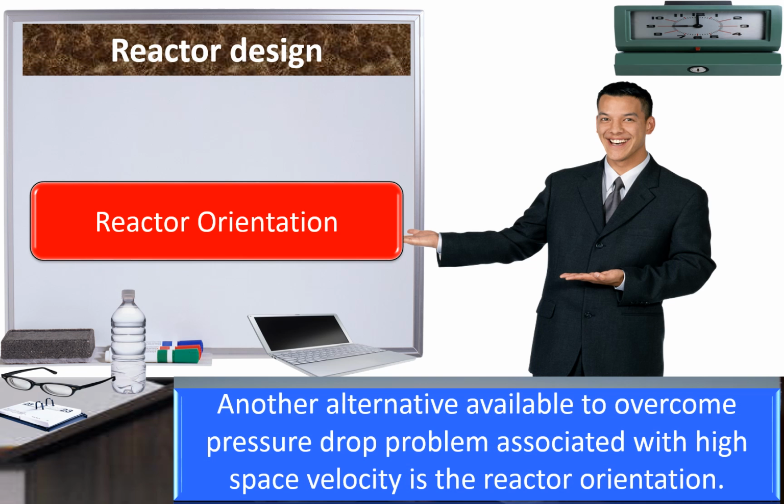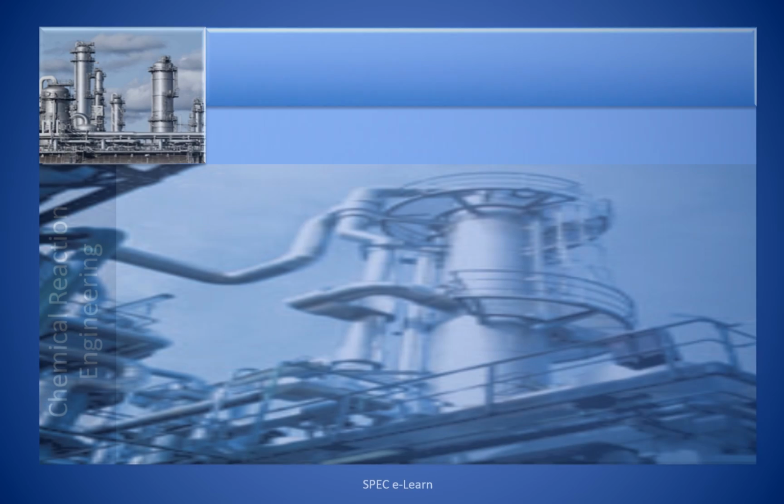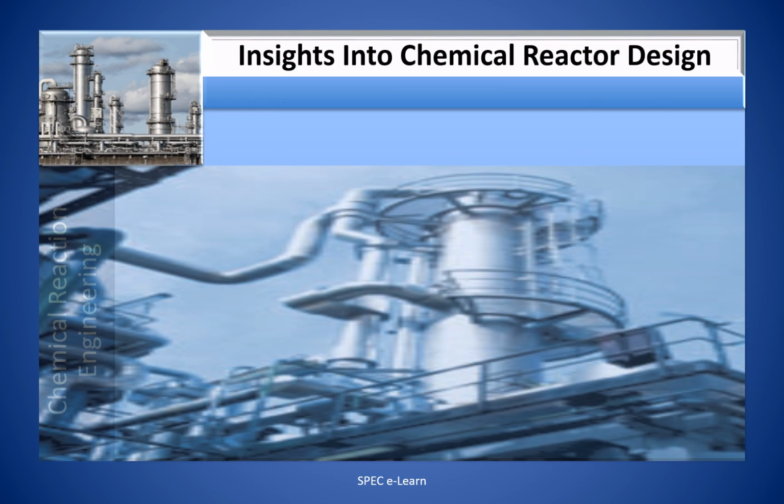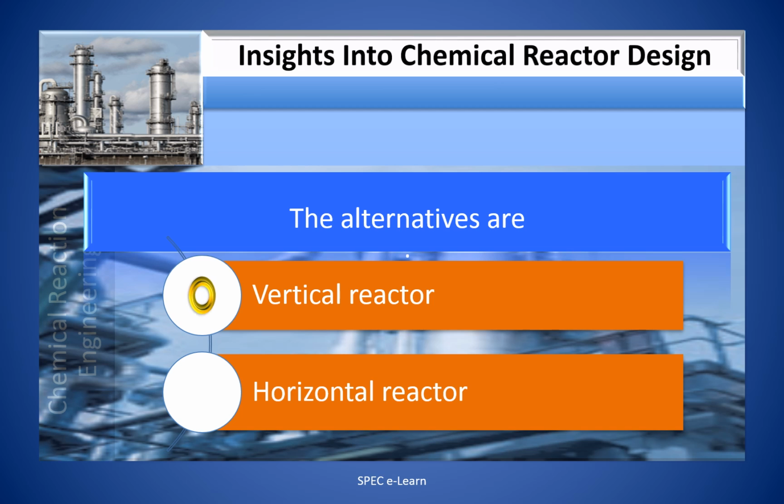Reactor orientation. Another alternative available to overcome pressure drop problem associated with high space velocity is reactor orientation. The alternatives are vertical reactor, horizontal reactor.